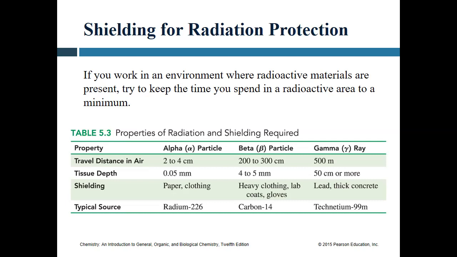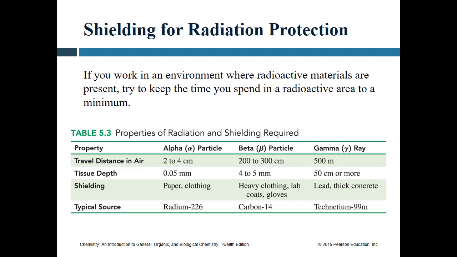Radon is the product of the alpha decay of radium, which is also why radon is one of those things you get tested for when you move into a new home. You test for radon because it's radioactive.